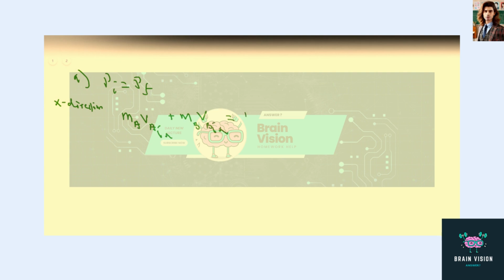When they stick together, their masses combine as a sum, and they have a common velocity in the x, which is V final sine of 65. So V final is equivalent to the mass of A times velocity of A in the x, plus mass of B times velocity of B in the x, all over mass of A plus mass of B, sine of 65.